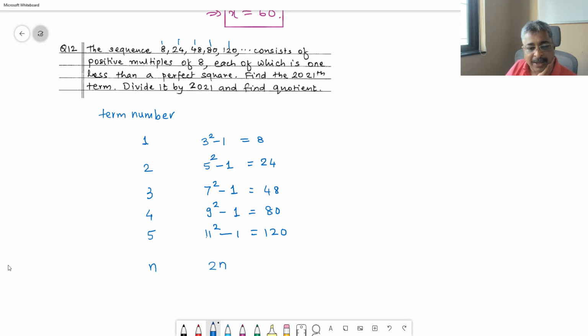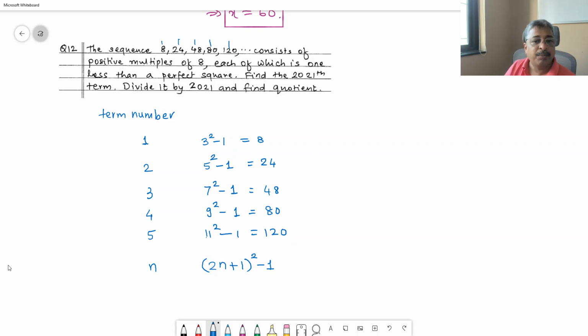Whatever number you get, add 1 to that and make a square of it, minus 1. This is going to be your nth term. We cannot find out the value of this because it is n for any n. If we put n is equal to 1, we get 8. If we put n is equal to 2, we get 24. If n is equal to 3, we get 48 and so on.